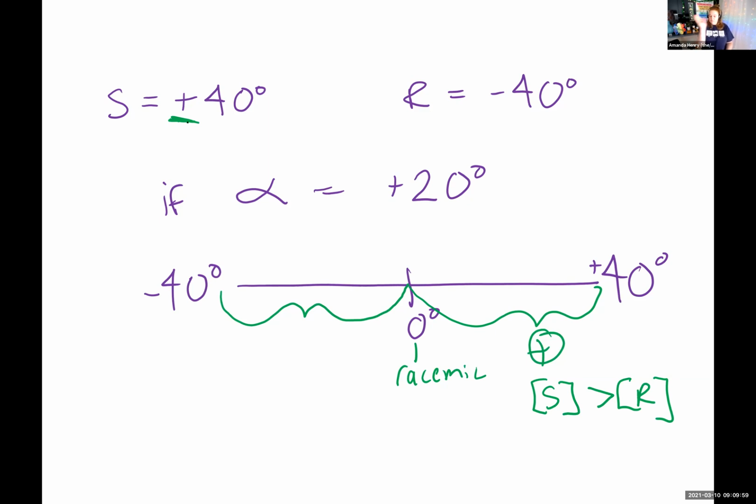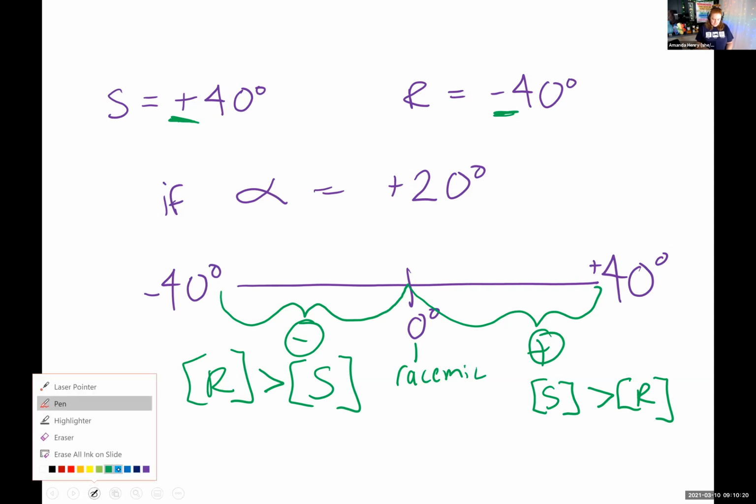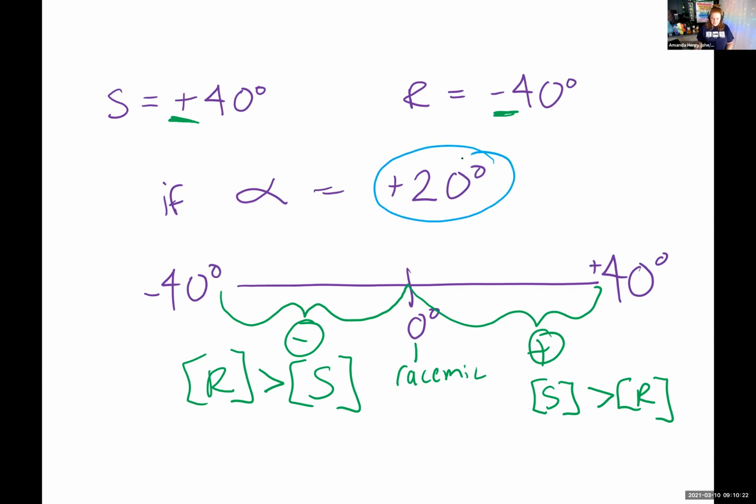And if our rotation is in the negatives, then that tells us that the concentration of R is bigger than the concentration of S, again, because the R is the one that's in the negative. So if we are told that the mixture has a rotation of 20 degrees, so we're going to be here-ish, we know that the concentration of S is greater than the concentration of the R.